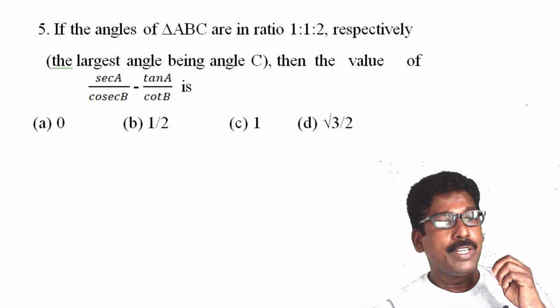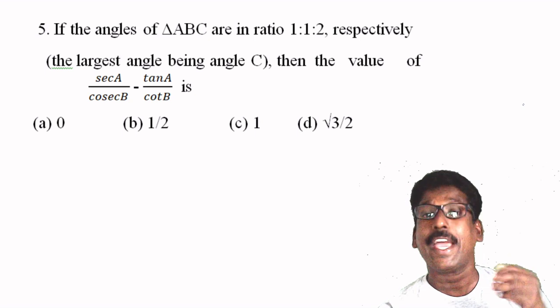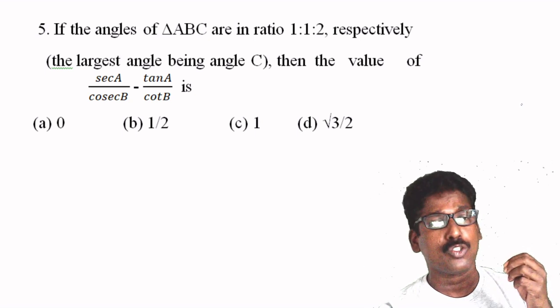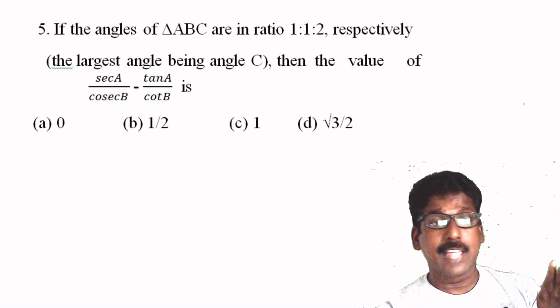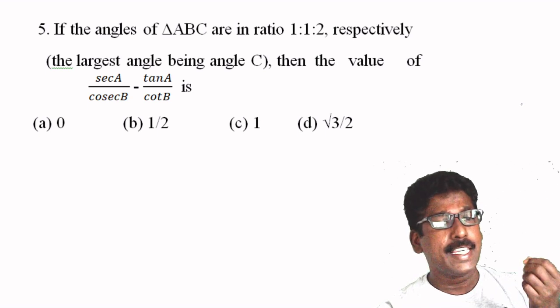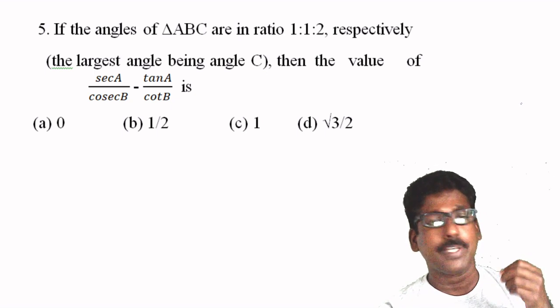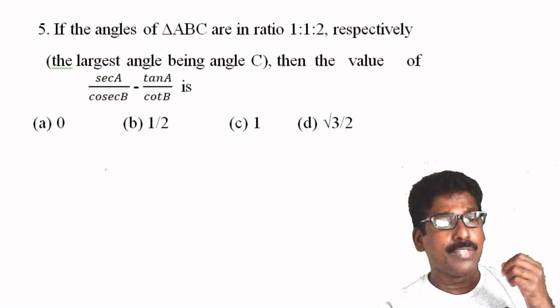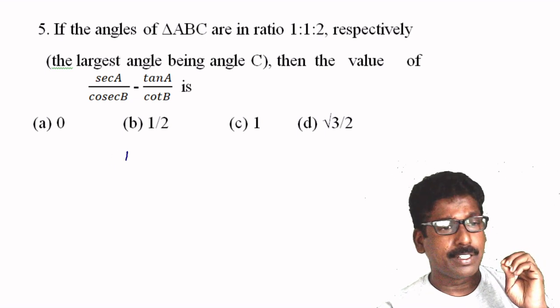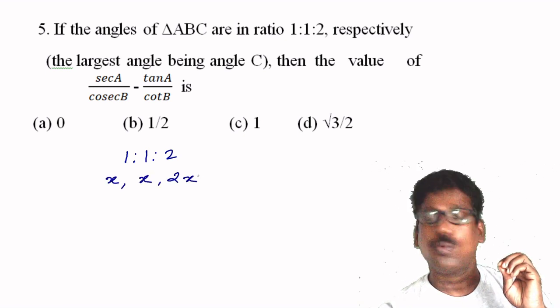Here, if the angles of a triangle ABC are in the ratio 1 is to 1 is to 2, and the largest angle being angle C, then what is the value of sec A by cosec B minus tan A by cot B? Now if the ratios of the angles are 1 is to 1 is to 2, you can take them as x, x, and 2x.